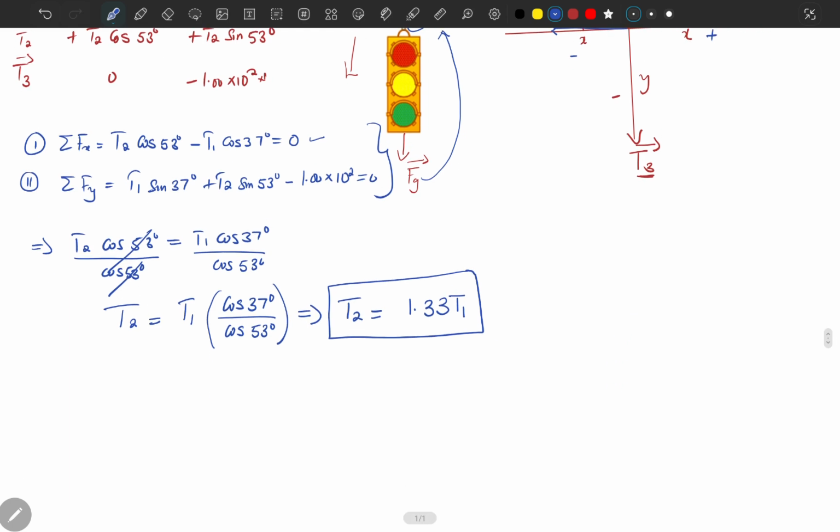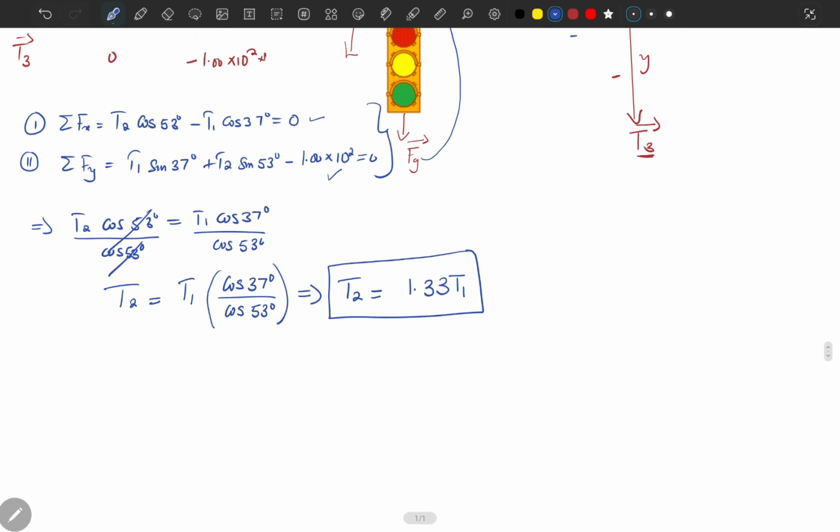So this is what I have come up with. Now, the way we solve simultaneous equations, I'll go to equation number 2 and replace where there's T2 with 1.33 T1. So let's go to equation 2. We know that it's T1 sine 37 plus, here where there's T2, I'll put 1.33 T1, minus 1.00 times 10 to the power 2, and this should give me 0.